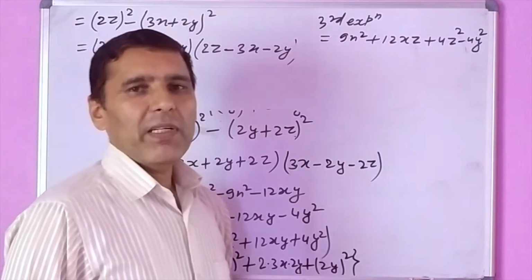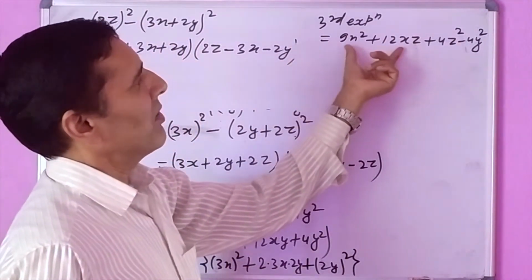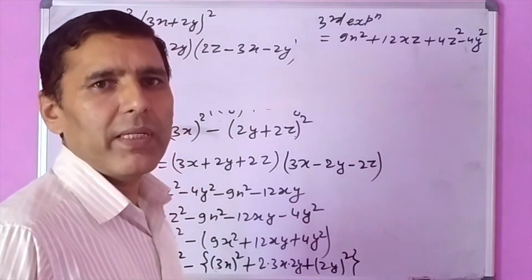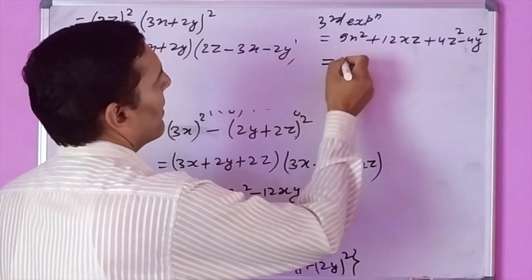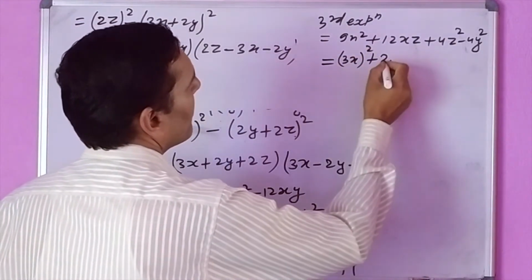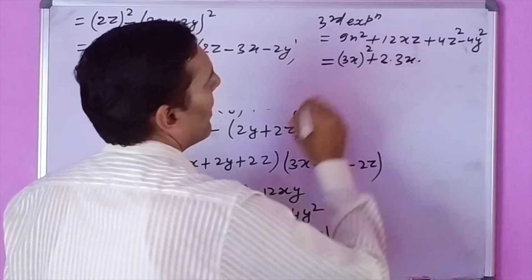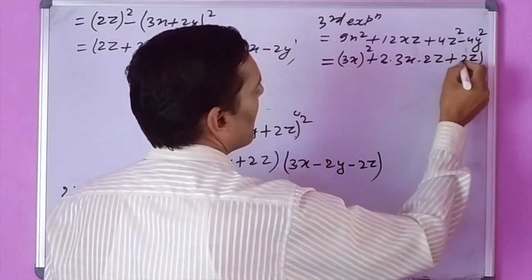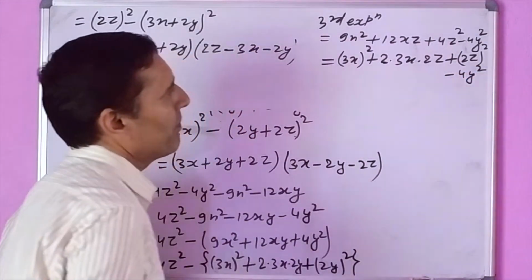How do we factorize this expression? Here the first three terms, 9x square plus 12xz plus 4z square, are completing the square. How? Look here now. It is the square of 3x: a square plus 2ab, where a is 3x and b is 2z, because 4z square is the square of 2z, and minus 4y square.